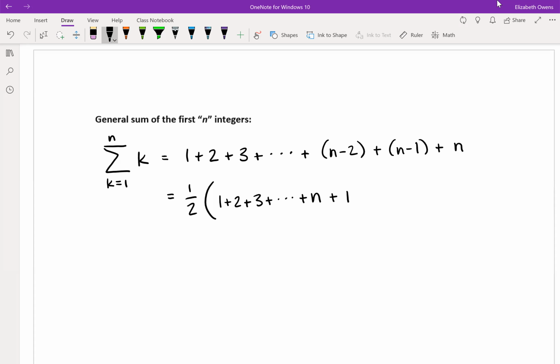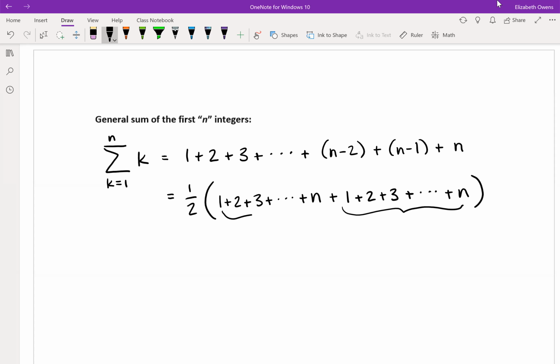So plus 1 plus 2 plus 3 plus ... up to n. So if you add all the numbers you want twice and then you cut the result in half, you'll get the sum of your first n integers. Pretty clever. But that gives us two nice groupings to work with, just like little Gauss.